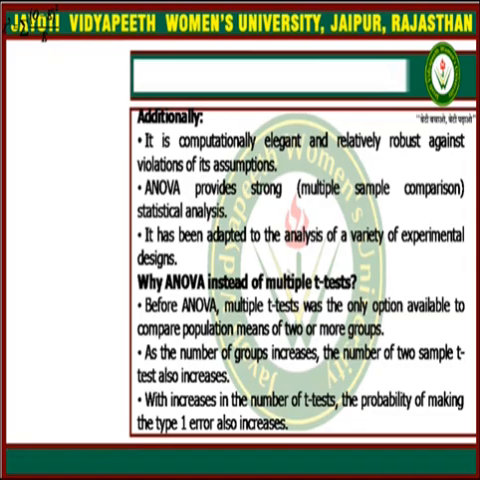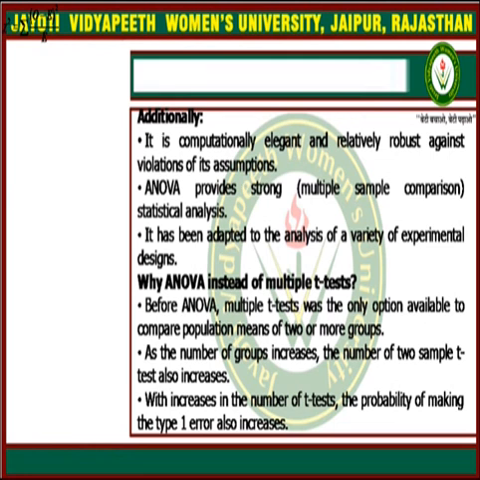to clear this topic. Like we have some additional points on why ANOVA should be applied. It is computationally elegant and relatively robust against violations of its assumptions. ANOVA provides a strong multiple sample comparison statistical analysis.